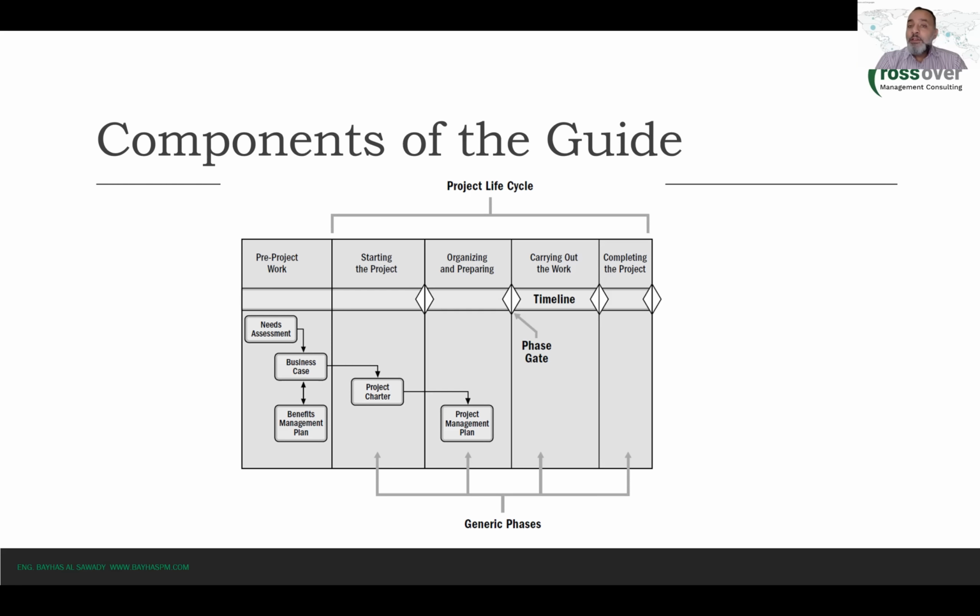So again, those are the generic phases that any project, regardless of its type, regardless of its size, regardless of its complexity, will go through. Any project will go through those 4 generic phases. But someone might ask, how do we know that we are launching the right project? How do we know that we should be investing in this project, not in another project?